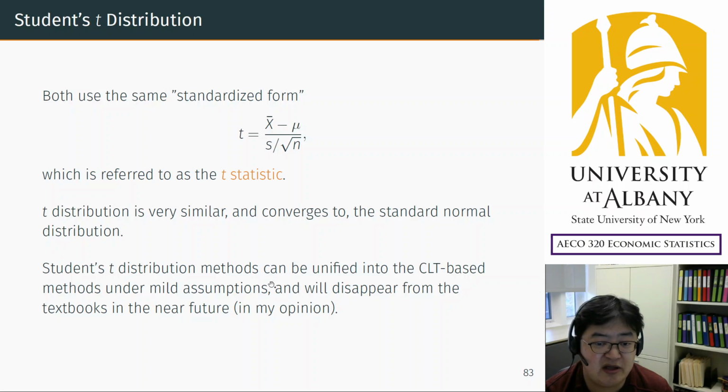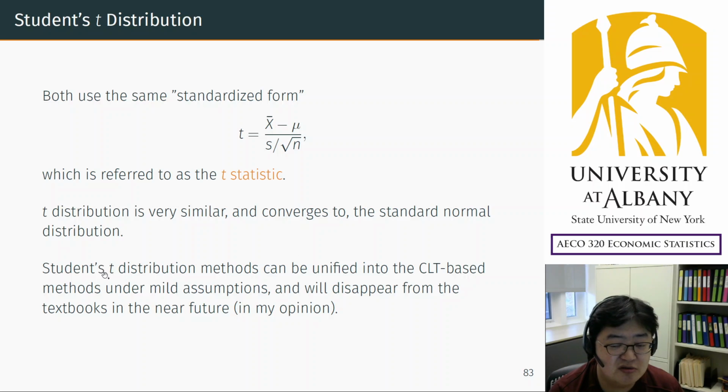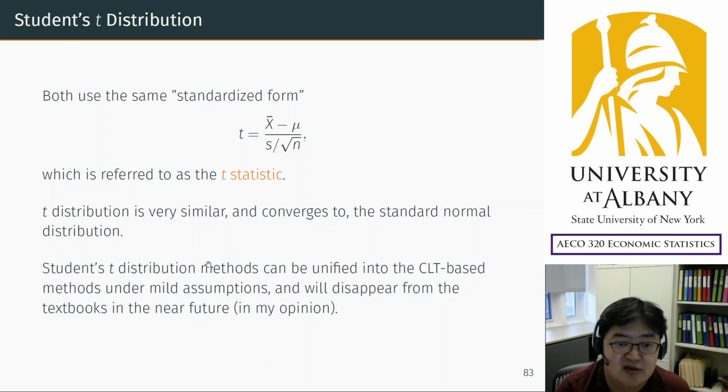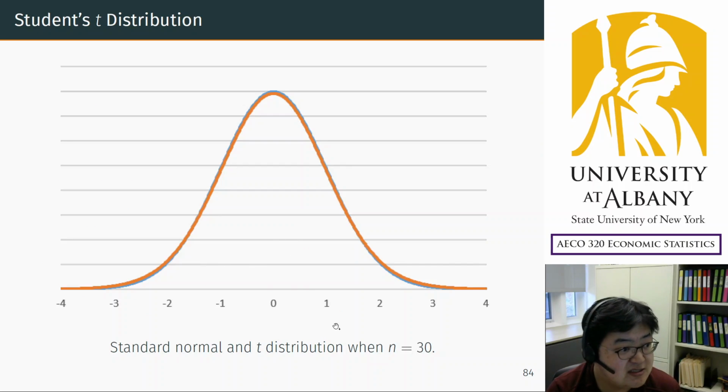Anyhow, I believe the Student t distribution will disappear from the textbooks in the near future. We don't need it. It is obsolete. It should be obsolete. So this is the difference. Here there are two graphs, blue and orange. I guess orange is the Student t distribution, and blue is the standard normal distribution when the sample size is 30.